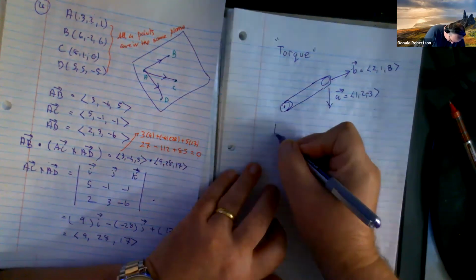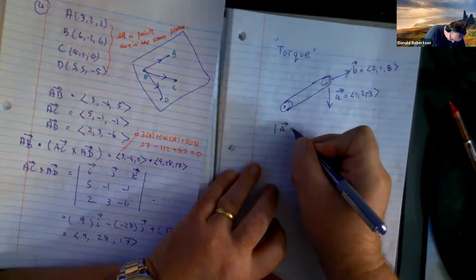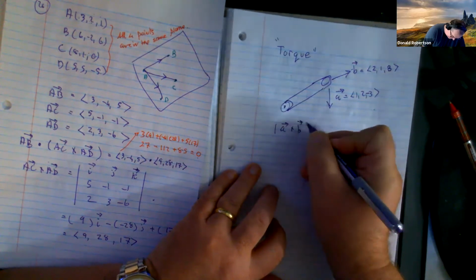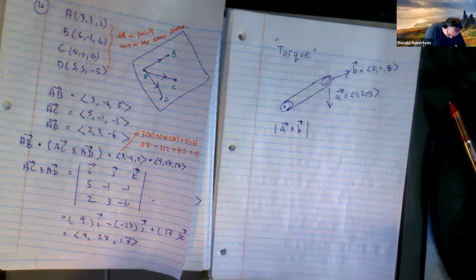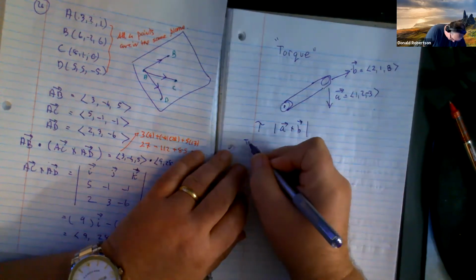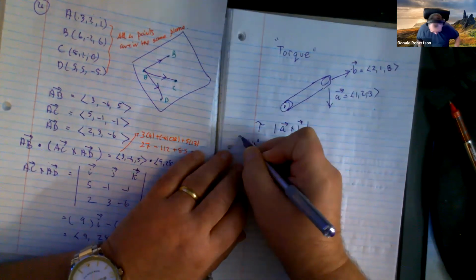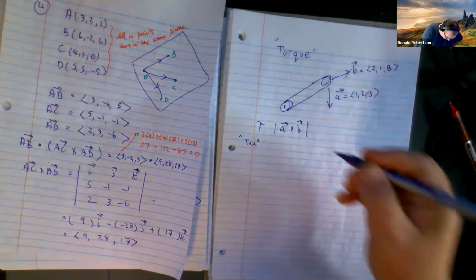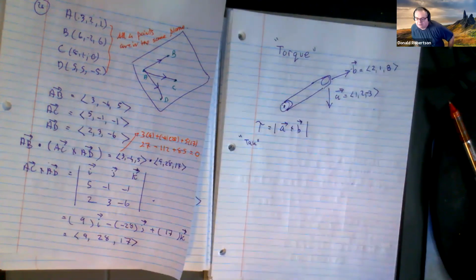And torque is that guy. And it even has a Greek letter called tau. It's a bit like a D. And tau, the torque, is the cross product of those two vectors.